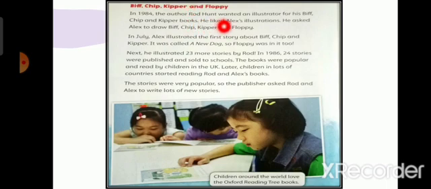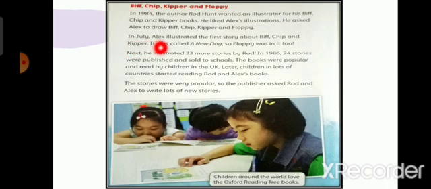Rod Hunt was the writer of the Oxford Reading Tree readers. He wanted an illustrator for his Biff, Chip, and Kipper books. He liked Alex's illustrations. Illustrations mean pictures, drawings. He asked Alex to draw Biff, Chip, Kipper, and Floppy.